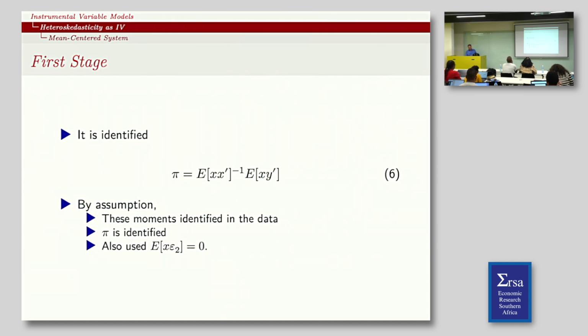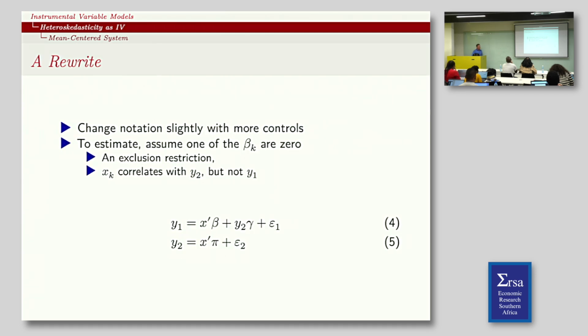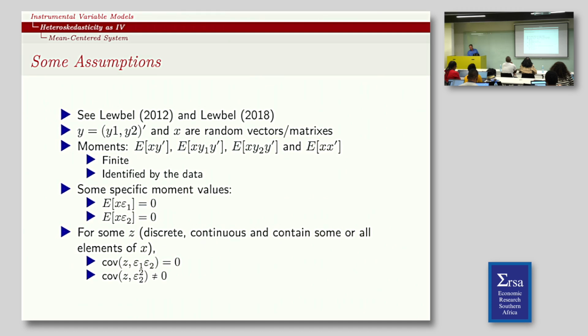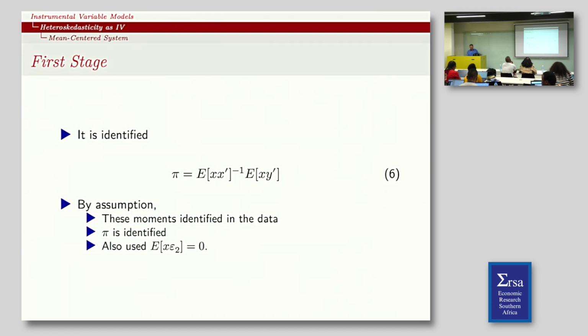Okay, so the first stage is identified. What's the first stage? That's this equation. That's not saying much. What it basically means is that since the x's are uncorrelated with E2, I can simply run this regression. This isn't saying a whole lot. And there's some z in that. So I can get the pi terms without any trouble.